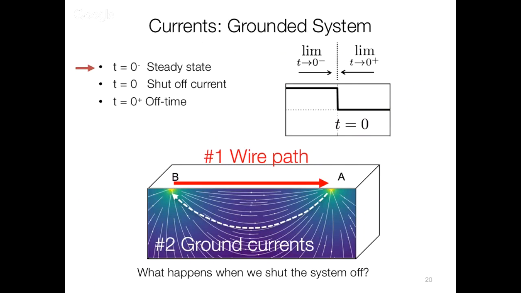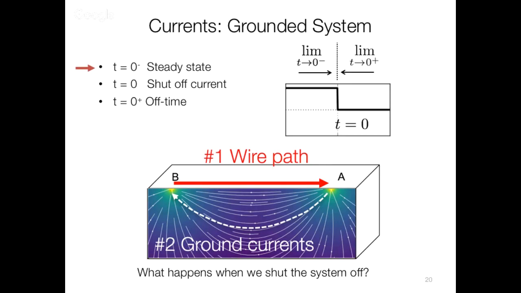Exactly. So the easiest way to maintain the field from this wire is to have a current that exactly parallels this wire sitting right at the surface of the Earth. So this is a fundamental thing. I turn this current off. If I'm sitting up here, I see no difference.